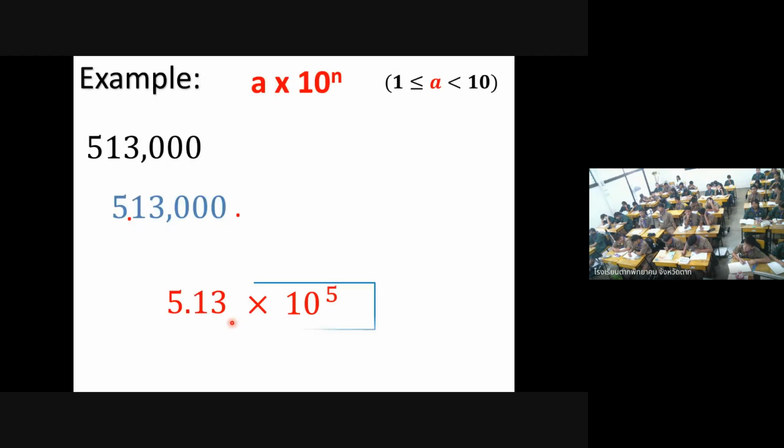One more. Okay, everyone, what's the answer? Okay, again.